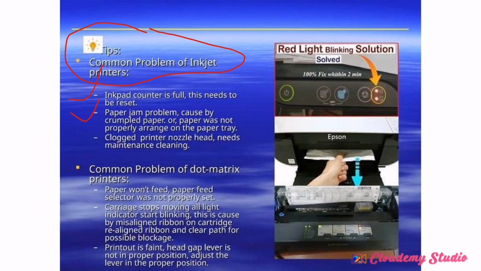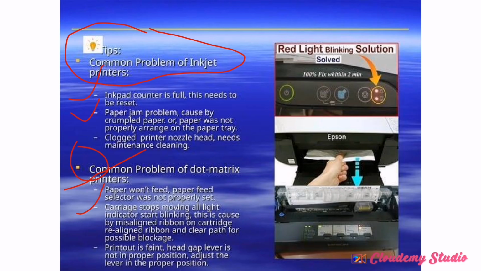Okay, so common problems on dot matrix printers. Paper won't feed: the paper feed selector was not properly set.